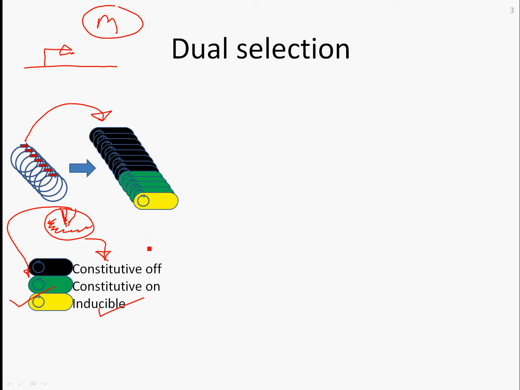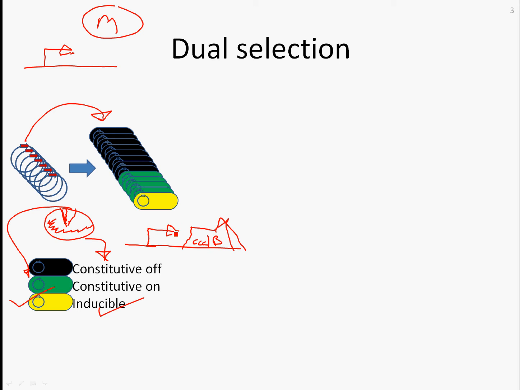In order to do the negative selection, we want to get rid of anything that is constitutively on. So we're doing a selection for negative activity, a counter selection. We're selecting against activity. To do that, we attach the transcriptional output of our library to some sort of counter-selectable marker, some sort of poison. An example might be CcdB, which will kill the cell if it gets expressed.